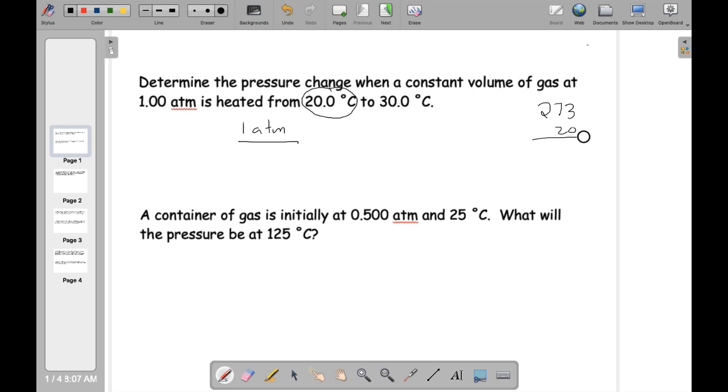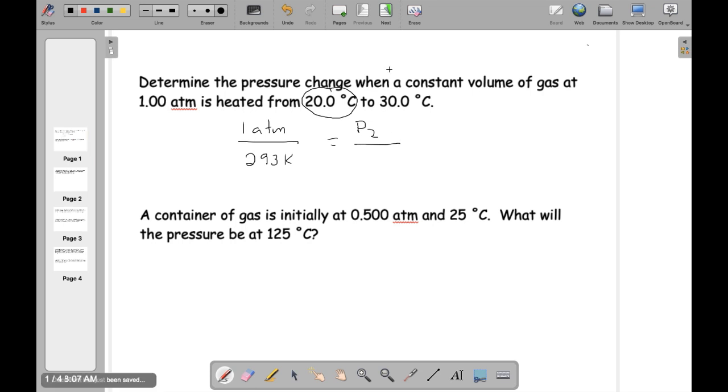So plus 20, 293 Kelvin equals, we don't know the pressure here, P2. Determine the pressure change. So we don't know what the second pressure is, but the temperature is now 30 degrees, which is 303 Kelvin. Be sure to convert.